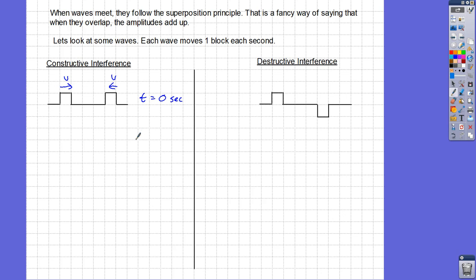So what that means is that at t equals 1 second, this one will have moved one block to the left, so it is now going to be over there, and this one will have moved one block to the right, so it is going to be right here.